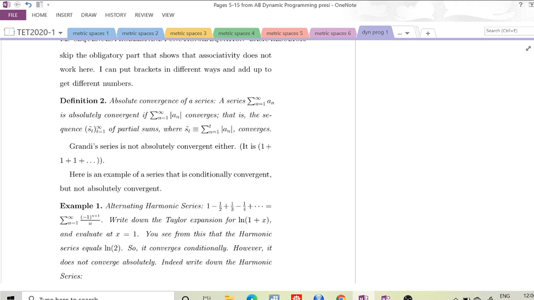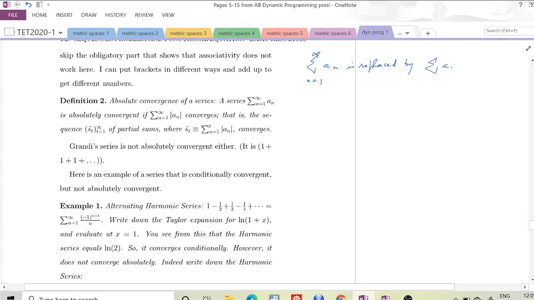So there is a stronger definition of convergence, and that has to do with the convergence of the series that we obtain from the original one by replacing the a_n's with their absolute values.